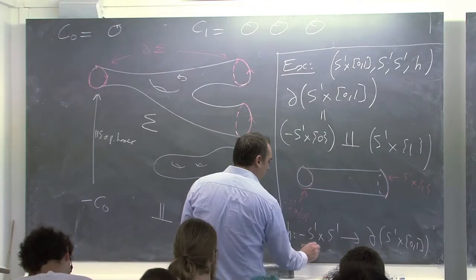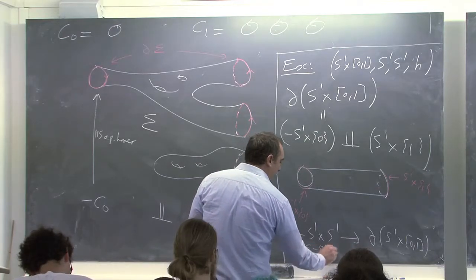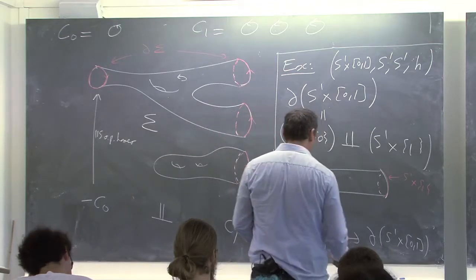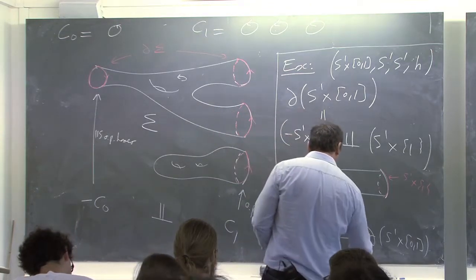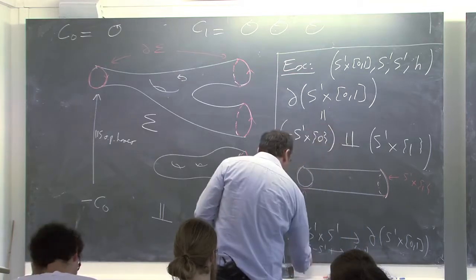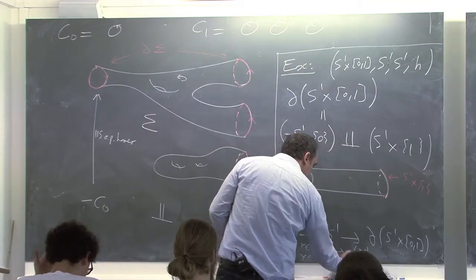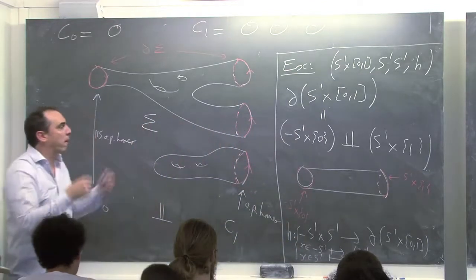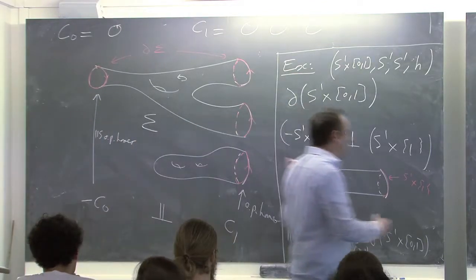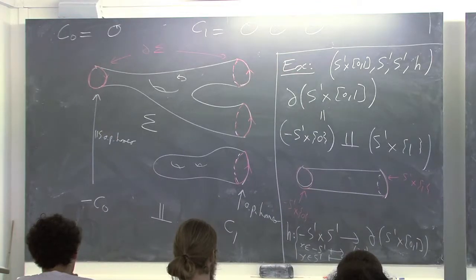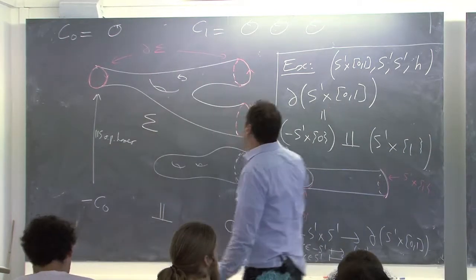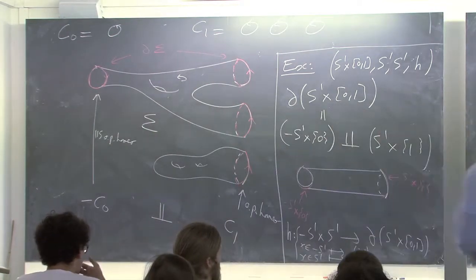When x is in negative S1, you send it to x0, and when x is in S1, send it to x1. This is H. So now we distinguish the incoming part of the boundary and the outgoing part of the boundary. Okay.